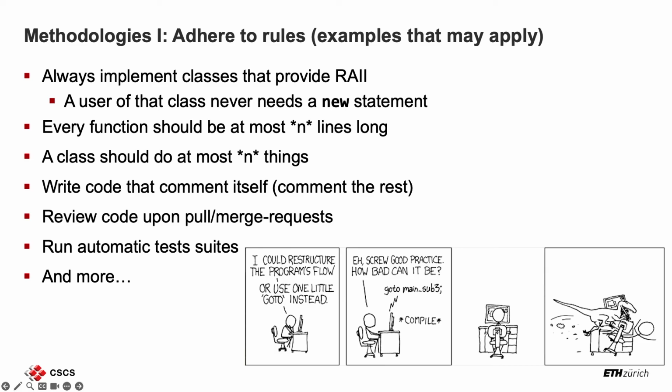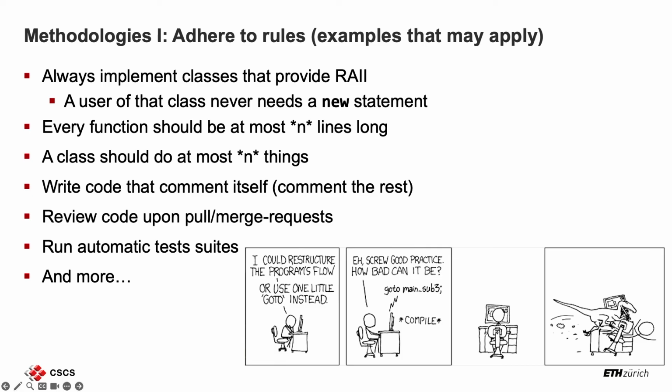So RAII, again, will be explained later on. Super important: a programmer should never write a new statement or a malloc statement in the code. Somebody has to do it down in the pit, but the users, being at a higher level, should never need to write that kind of code.